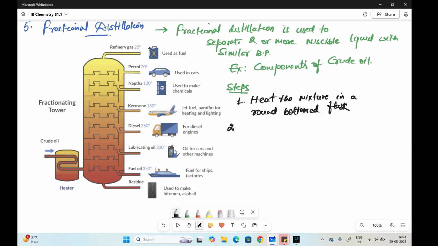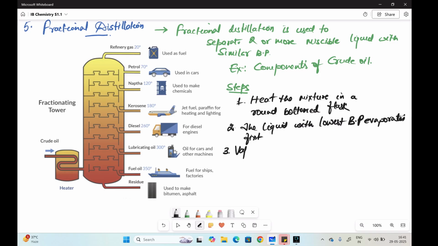Next step, the liquid with lowest boiling point evaporates first, right? Because they have the least vapor pressure, it will go up into the column and it will get separated, right? So you can see here refinery gas is 20 degrees, that's the boiling point, so they will get separated.